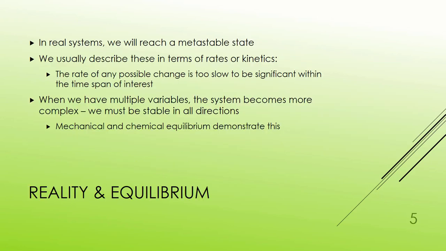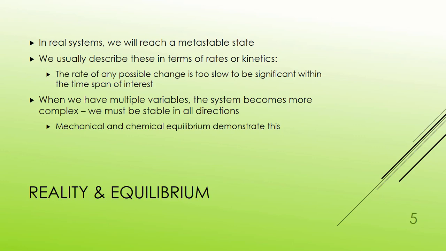For real systems, we're typically going to reach what will be a metastable state. And we're going to describe these in terms of some sort of rate expression or a kinetic expression. And so we're going to describe something as being at equilibrium when we don't notice a change in the state.